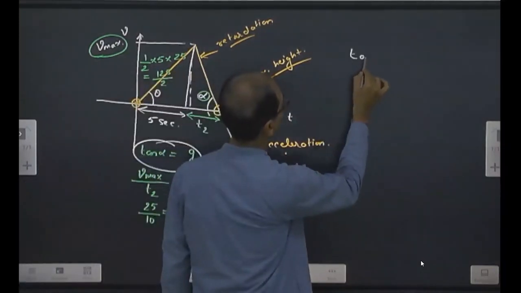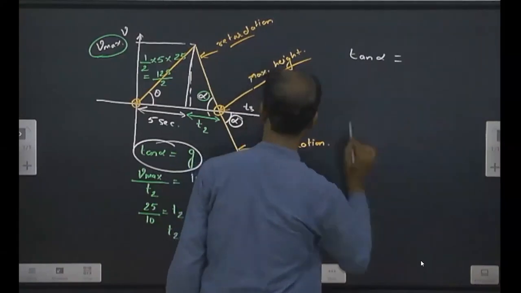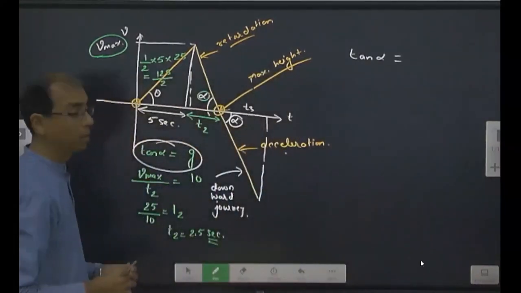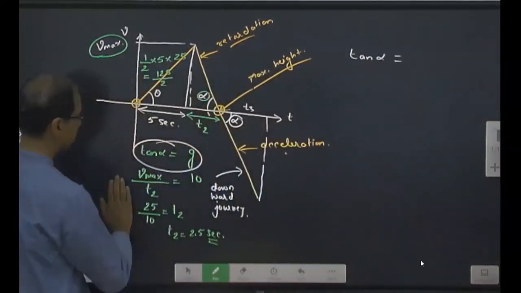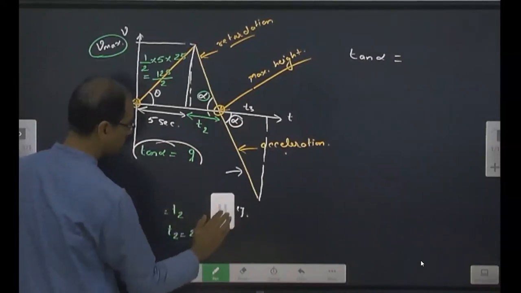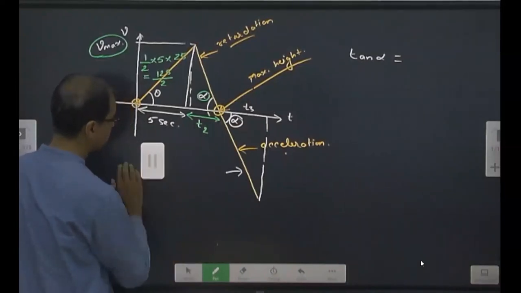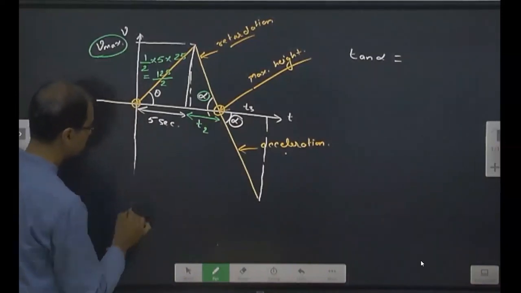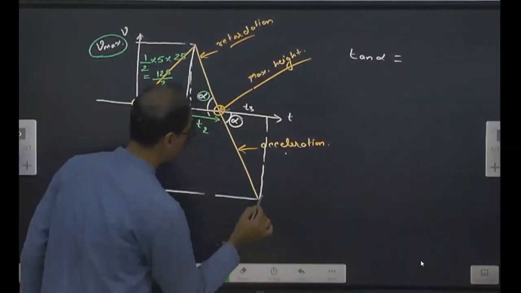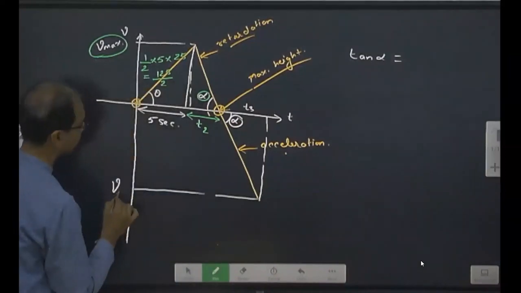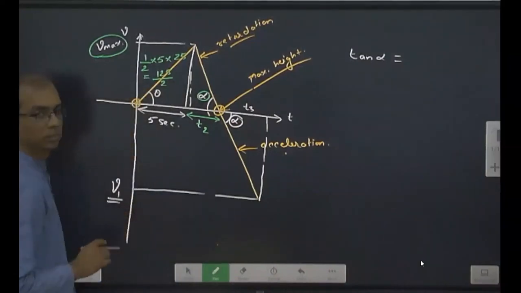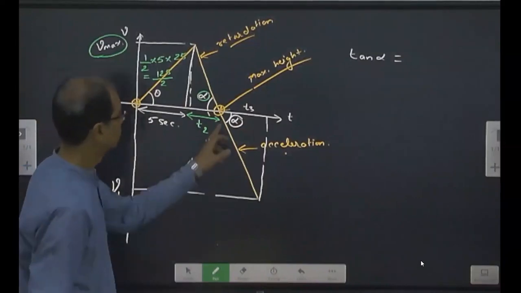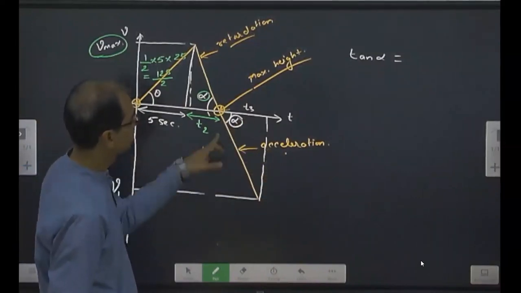This is only tan alpha. But in this diagram, tan alpha is G only, no doubt about that. But here, this value, let's say V1, I do not know, because this alpha belongs to this triangle.